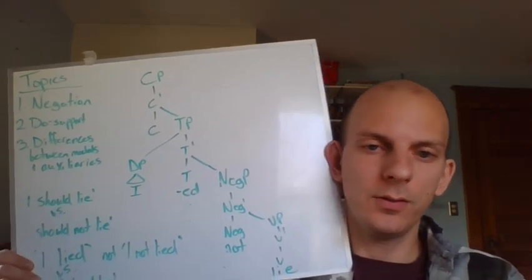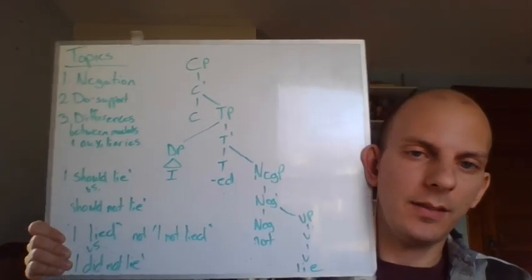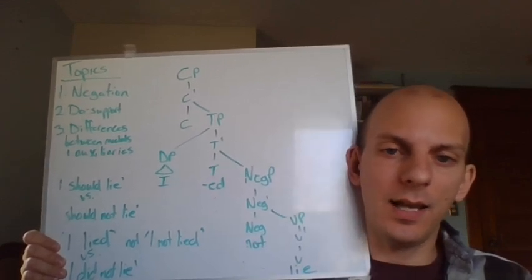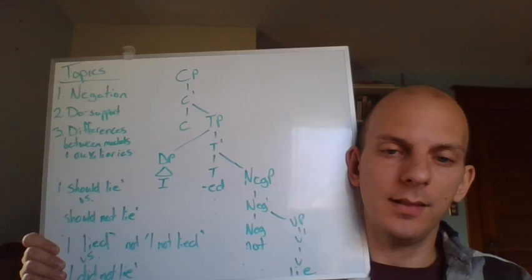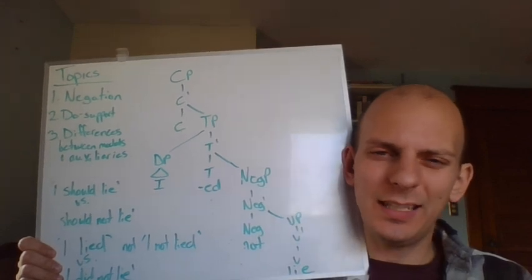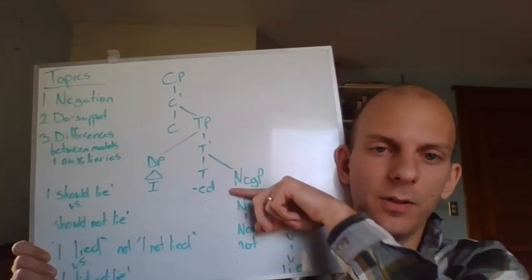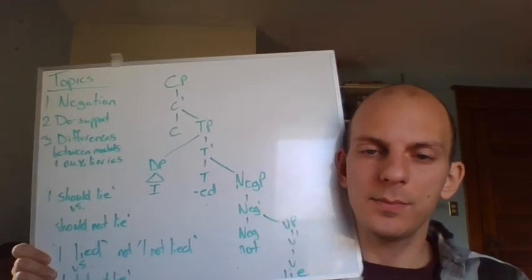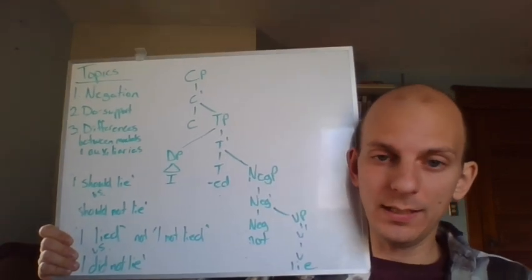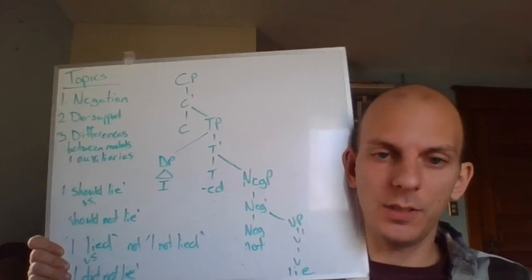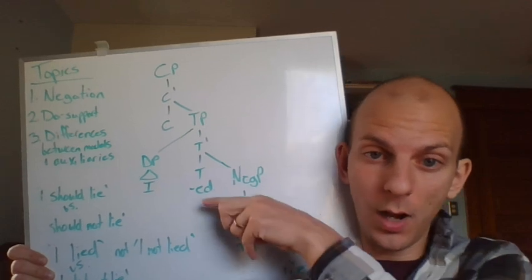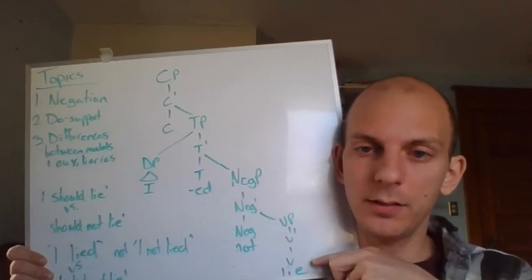So what do we do? We get to this point in our sentence construction, and we have "I past not lie." That's not pronounceable in English. We've already talked about this: past tense, the plus past tense, needs to attach to something in order to be pronounced. That's why it wants to drop down here in the first place.